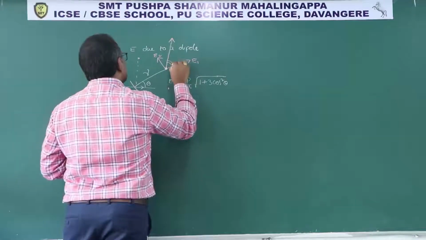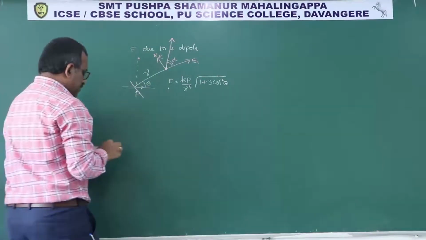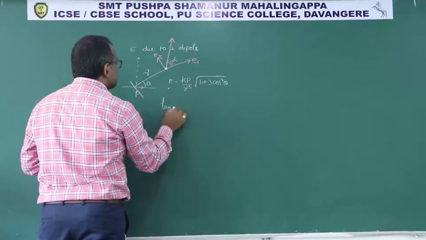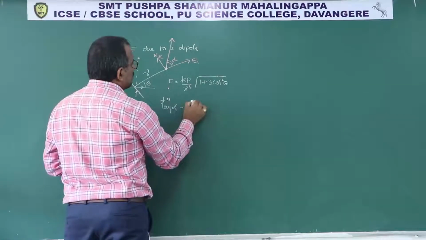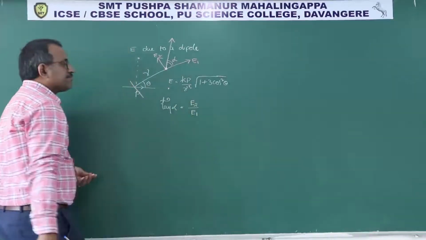If I say this angle is alpha, you studied this at board level. So what is tan alpha? Tan alpha is equal to E2 upon E1.